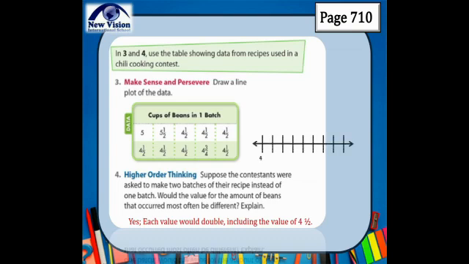So we will start with 4, 4 and a half, 5, 5 and a half, and 6. So let's put our marks. 5, 5 and a half, 4 and a half, 4 and a half, 4 and a half. 1, 2, 3. So we have another 3 4 and a halves, and then 4 and 3/4, and 4 and a half.